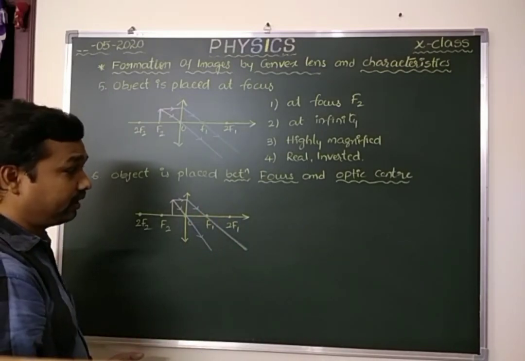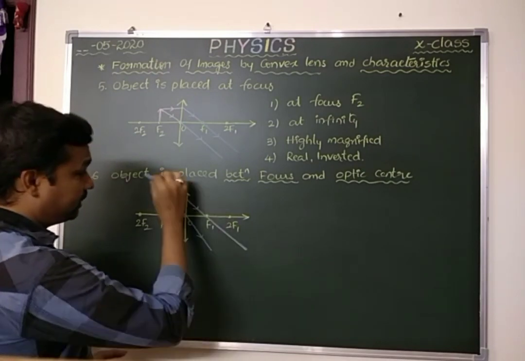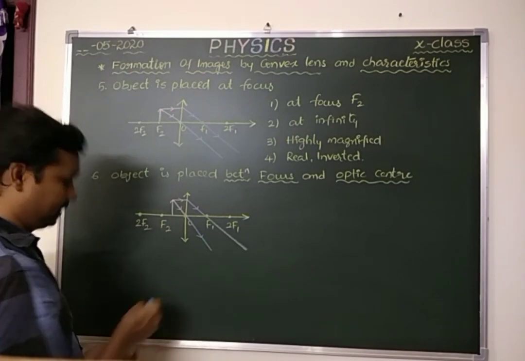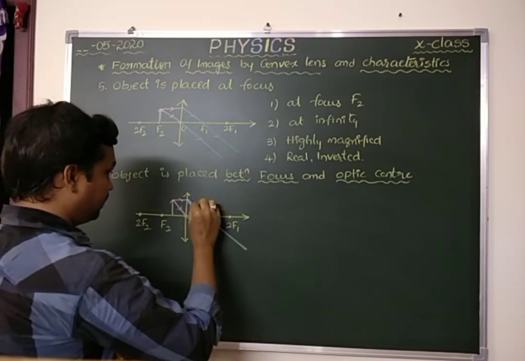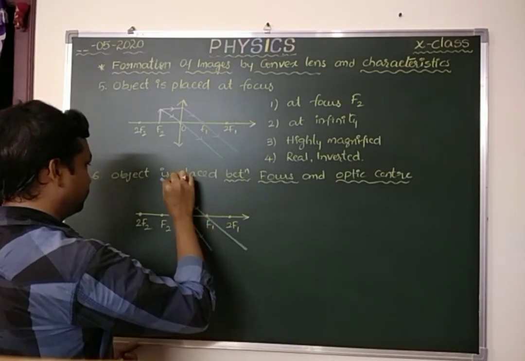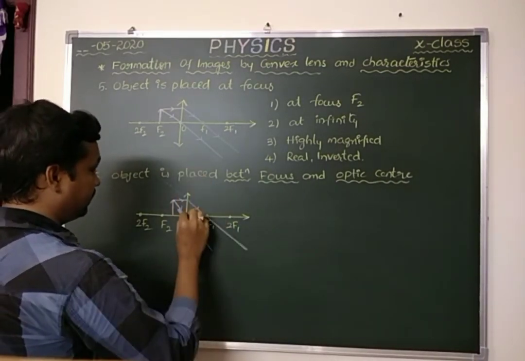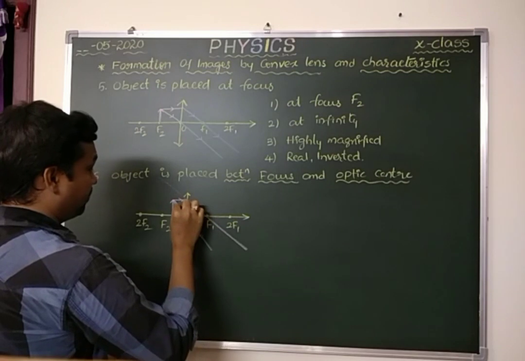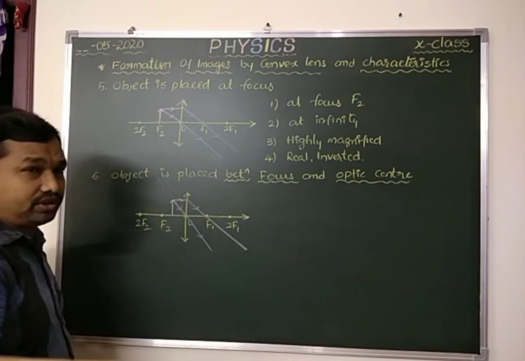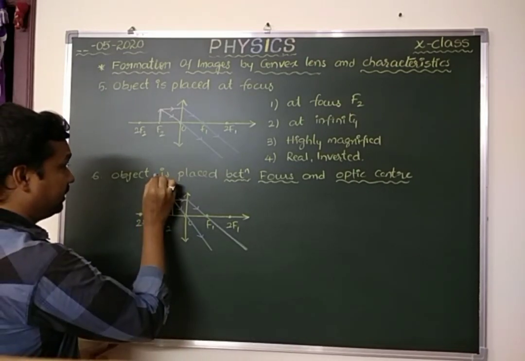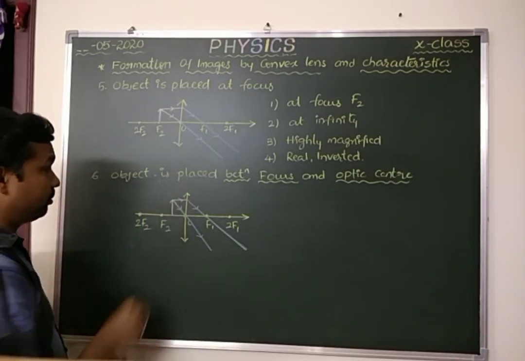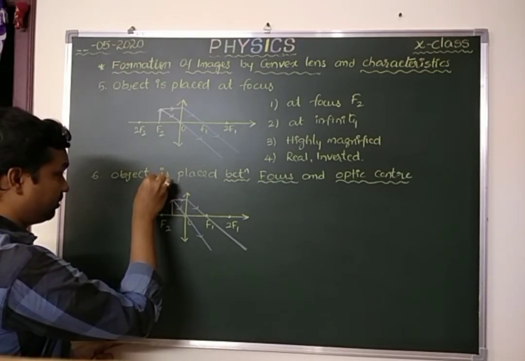So what I am going to do is extend them backward from where they start. I am extending these backward like this. Here this is also extended back, so that we can find from which position the light rays are coming. This is the position of the image.